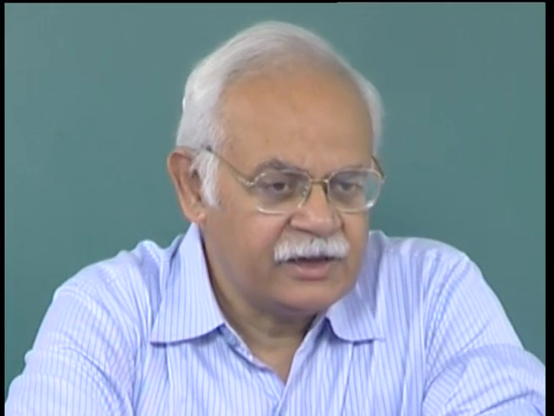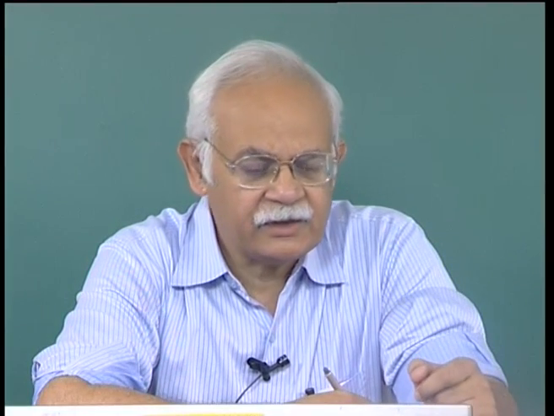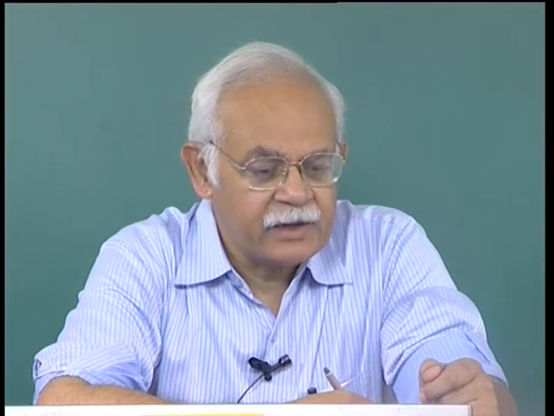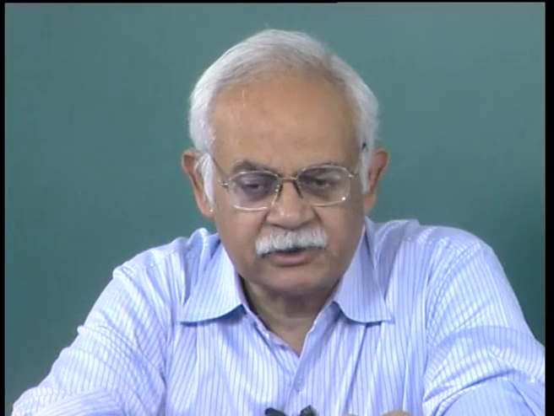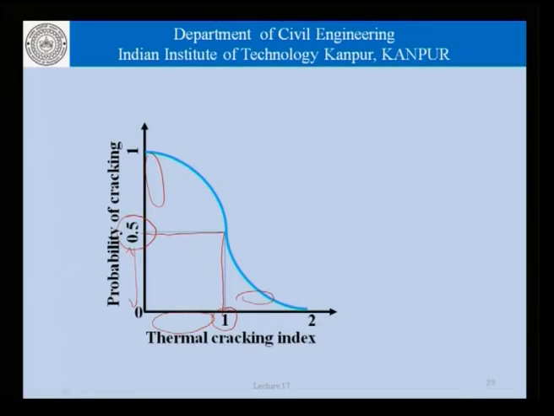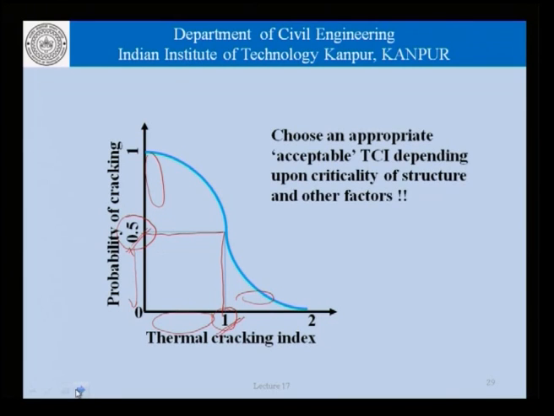And similarly, at low values of the TCI, it is not really sure that cracks will always be formed and formed everywhere, and therefore, there is a possibility that the cracks may not form, and that is why this diagram has been drawn the way it has been drawn, and the probability of cracking at a thermal cracking index of 1 has been taken to be 0.5. Now, depending upon the criticality of the structure and other factors, we can choose an appropriate TCI.